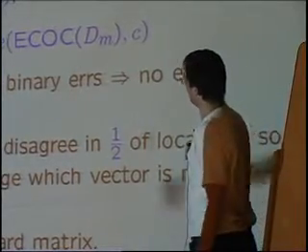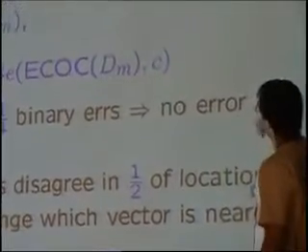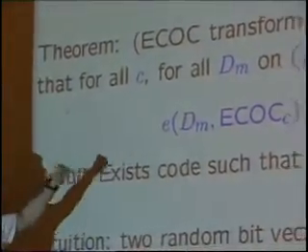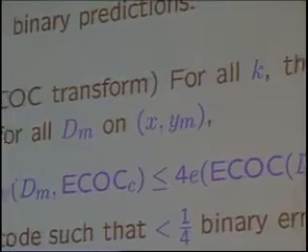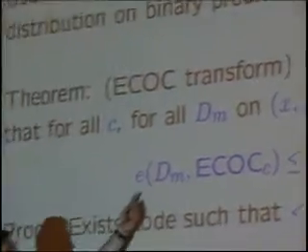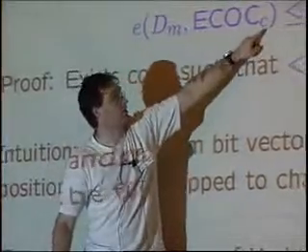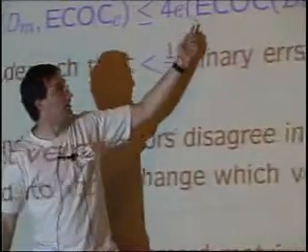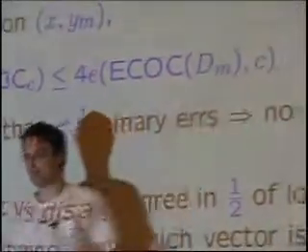The claim is that for every number of multi-class labels, there exists a code so that for all binary classifiers and for all multi-class distributions, the multi-class error rate of this decoding process using the binary classifier is bounded by 4 times the binary error rate of this one classifier.